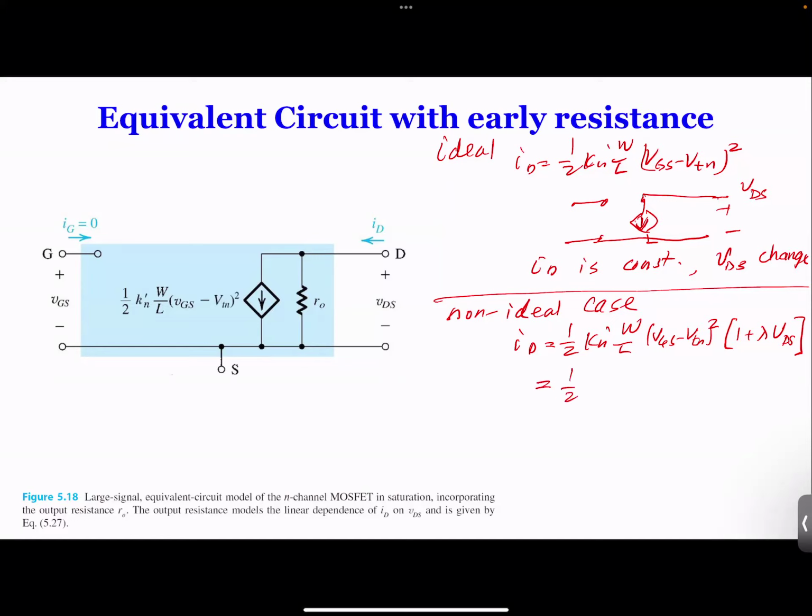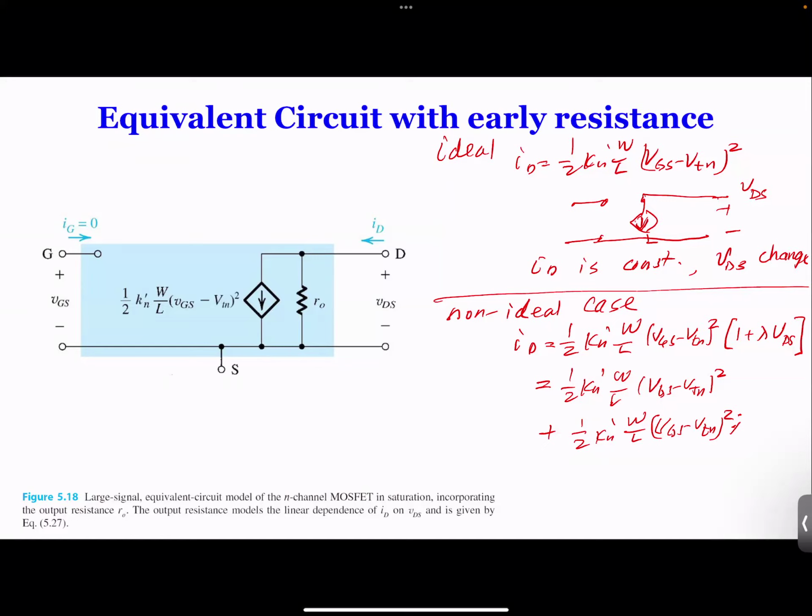The first term is 1/2 Kn prime W over L times (VGS minus VTN) squared, and then plus another 1/2 Kn prime W over L times (VGS minus VTN) squared times lambda, and lambda is 1 over VA.